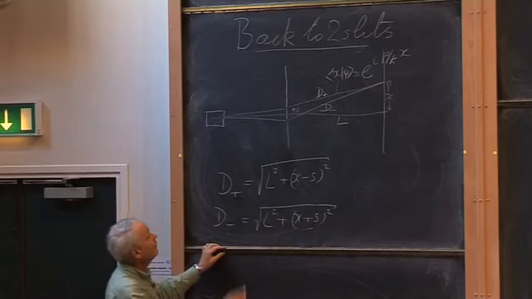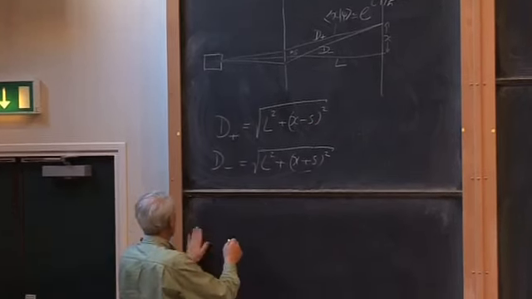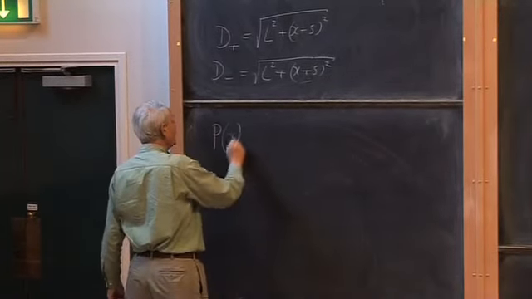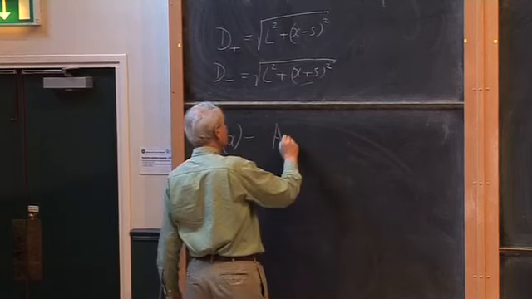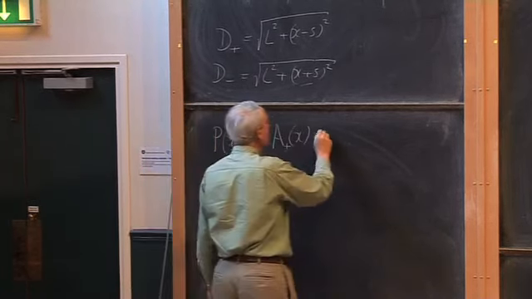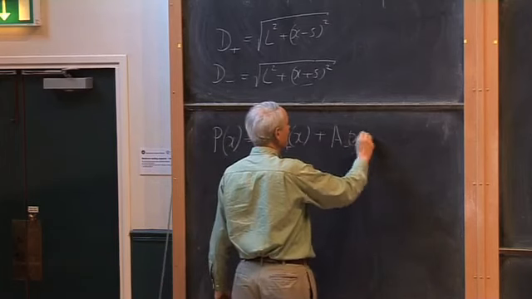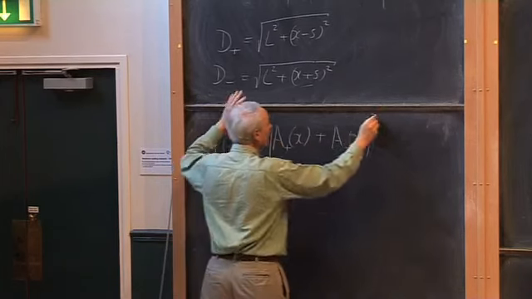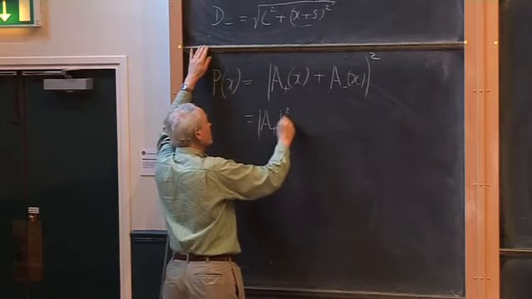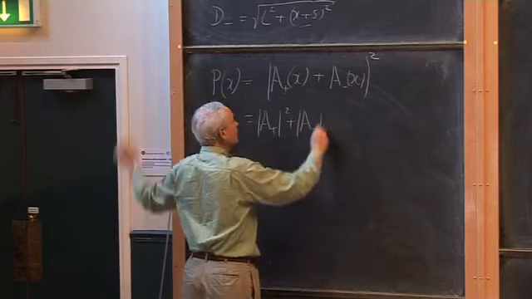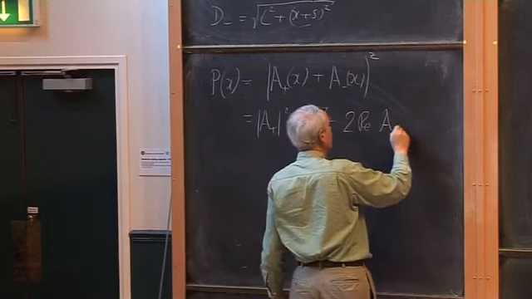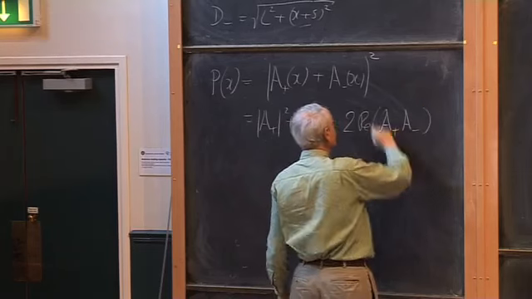So what will be the difference? The probability to arrive at x, as you recalled, was equal to the amplitude to arrive by the top slot plus the amplitude to arrive at the bottom slot, mod squared, which is mod A plus squared plus mod A minus squared plus twice the real part of A plus star A minus.